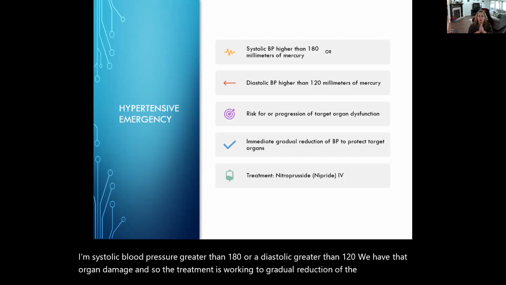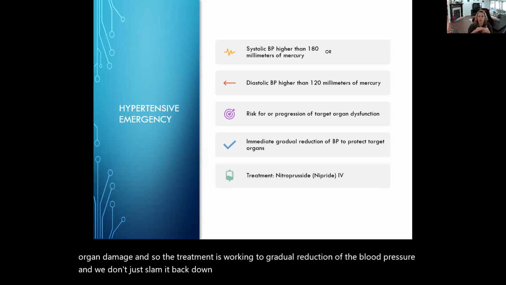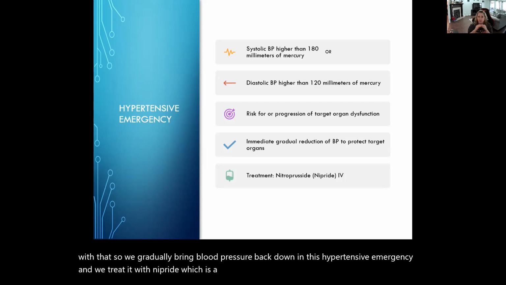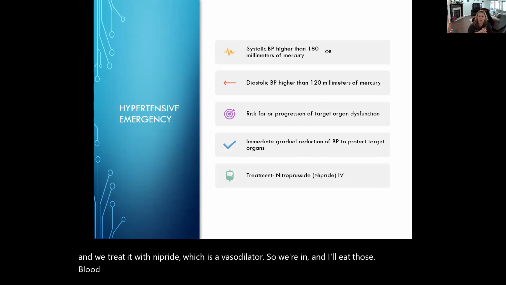We don't just slam it back down to like 100 because they can have severe complications with that. So we gradually bring the blood pressure back down in this hypertensive emergency. And we treat it with Nipride, which is a vasodilator, so we're going to dilate those blood vessels. And this is given IV and obviously in an intensive care unit.